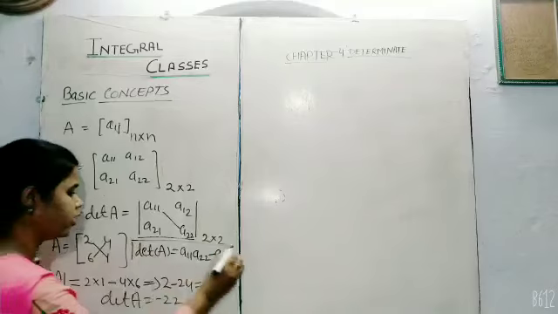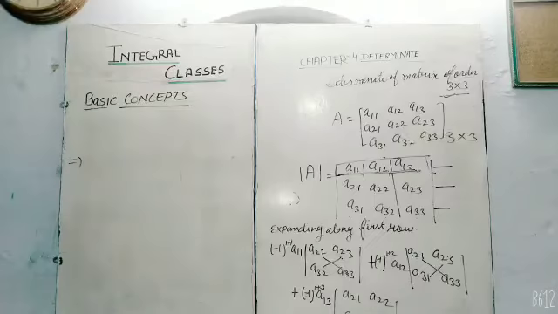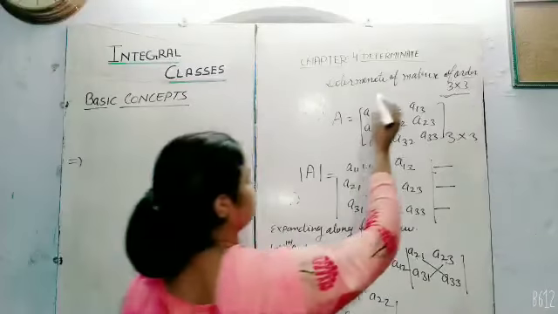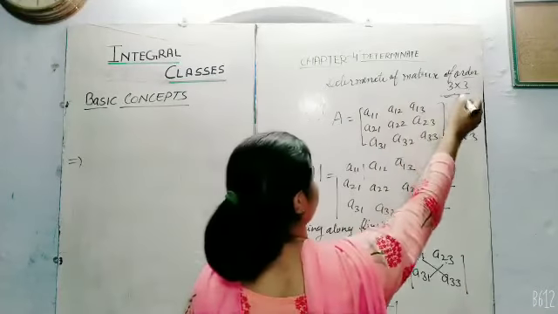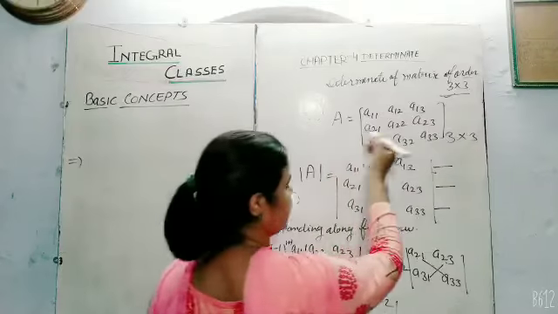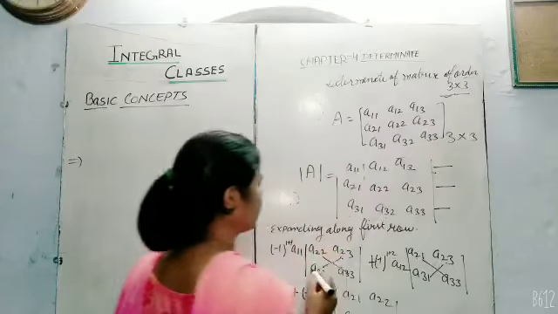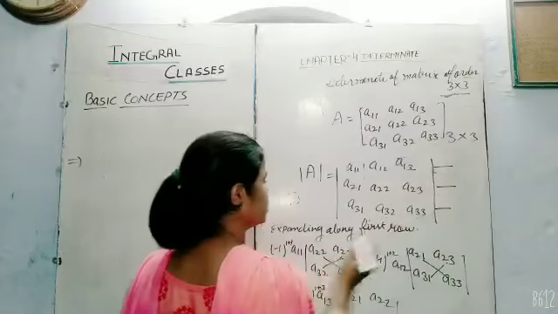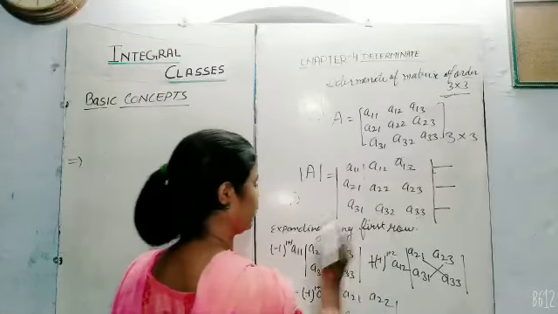It is the value of the determinant. Now, how can we solve the determinant of a matrix of order 3 cross 3? As we know, matrix A has order 3 cross 3. Now we will find the determinant of this matrix, so we have to write like this.